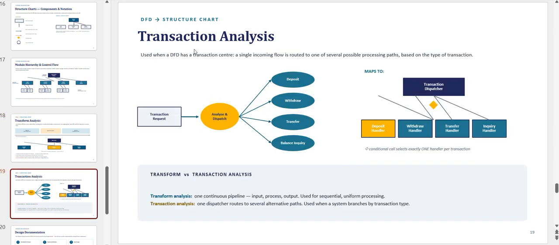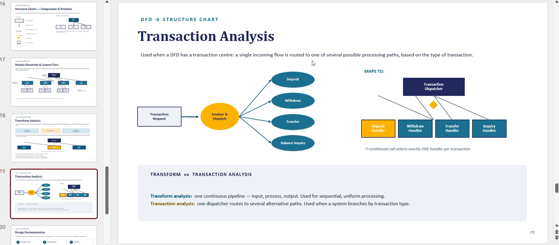Then, transaction analysis. This is used when a DFD has a transaction center, where a single incoming flow is routed to one of several possible processing paths based on the type of transaction. In this, first is transaction request, then analyze and dispatch, then it will give deposit, withdraw, transfer, and balance inquiry.